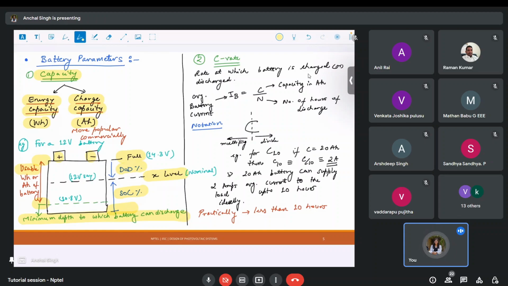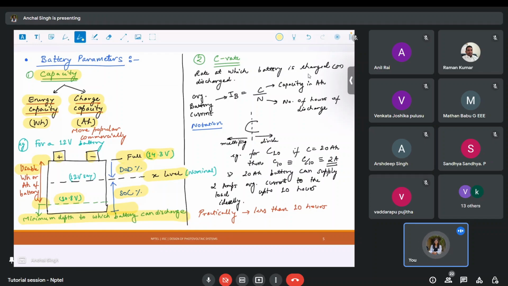So for this 12-volt battery, nominally there is always a range of voltage. The minimum is 10.8 volt and the maximum is 14.3 volt. Does the 12-volt battery always remain at 12 volt? No, it keeps on fluctuating, but there is a fixed range. There is a battery management system that we have in all electric vehicles, where we need very accurate battery characteristics.